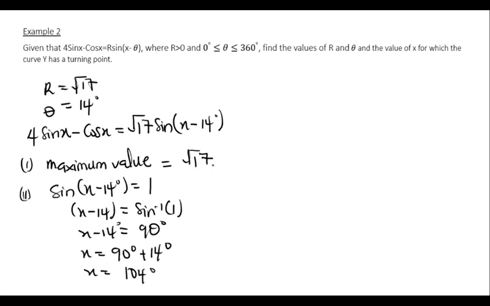So it means our maximum value is root 17, and it occurs at the angle x is equal to 104.